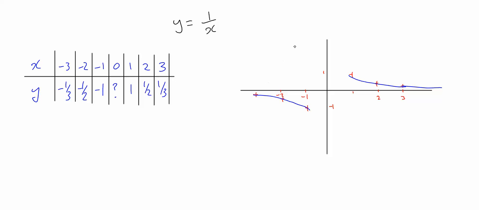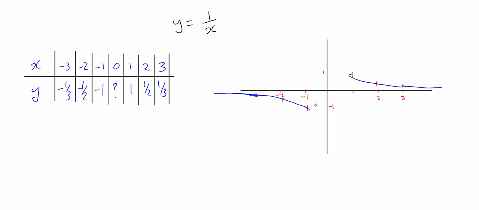If x is negative and gets larger and negative, minus 4, y will be minus a quarter, minus 5, y will be minus a fifth, and it will do a similar thing and get close to the x-axis, negative side, but below, never crossing it.